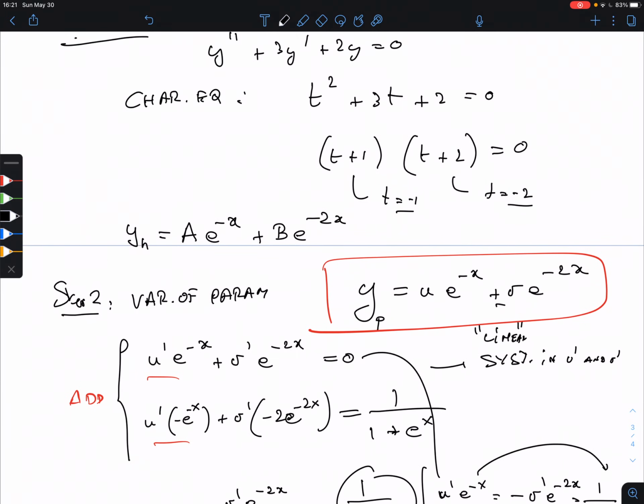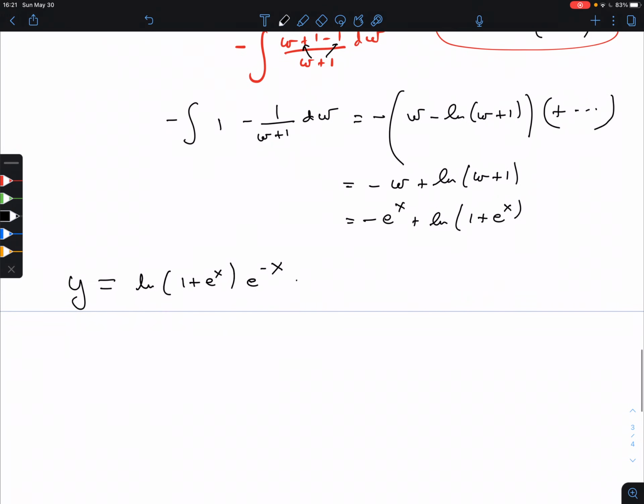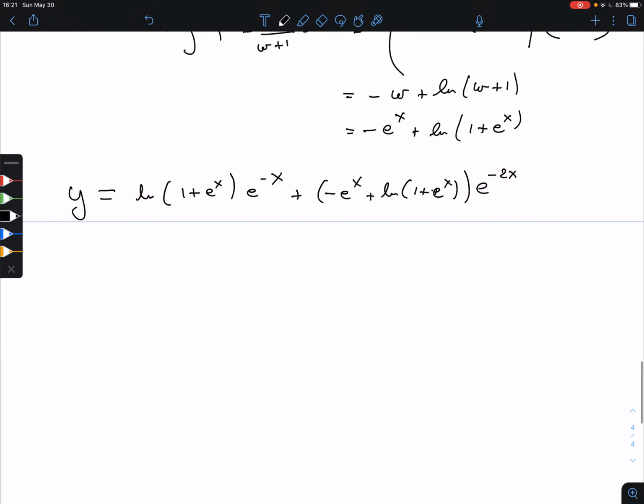And then v I have to multiply with e^(-2x), so minus e^x plus ln(1 plus e^x), times e^(-2x). That's the particular solution, and then the general solution is just these two guys here.